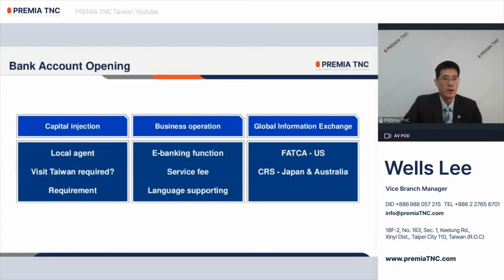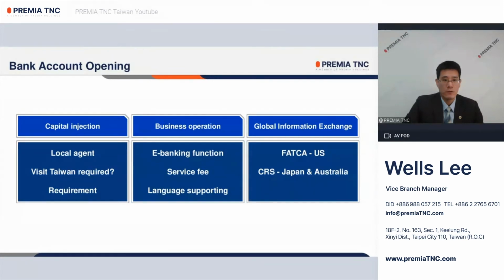Secondly, most banks request the representative to visit the bank in person to open the bank account. The representative will need to go to the bank 2 times during the incorporation process, at different stages.